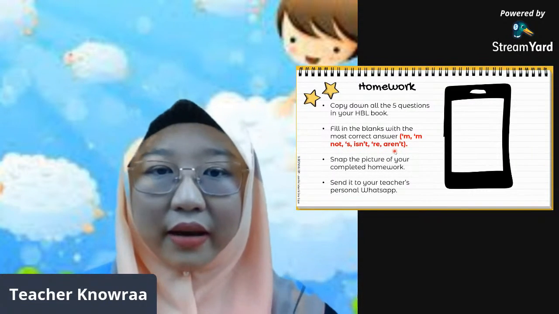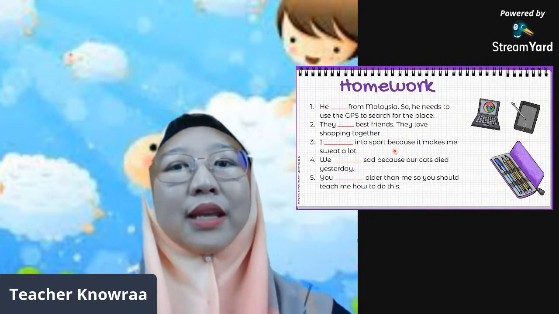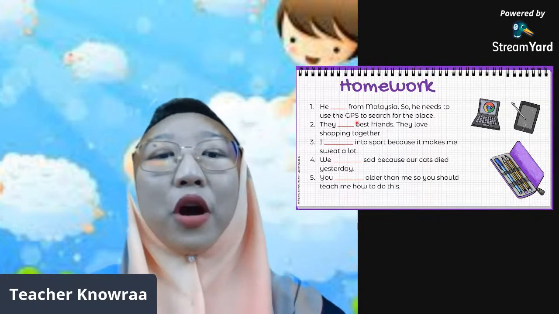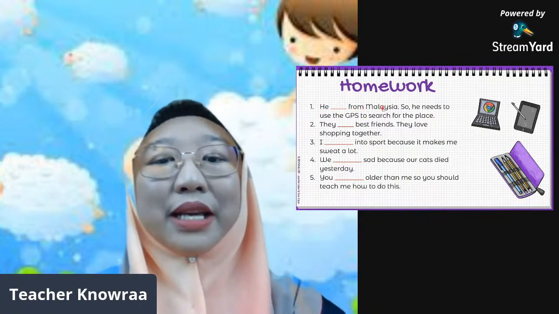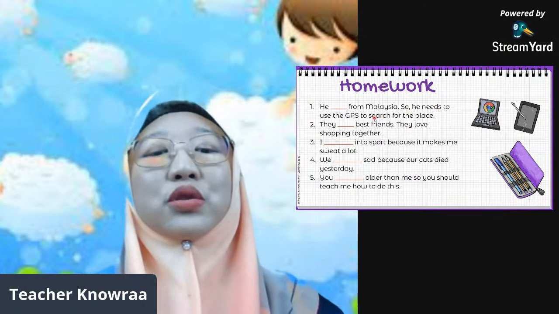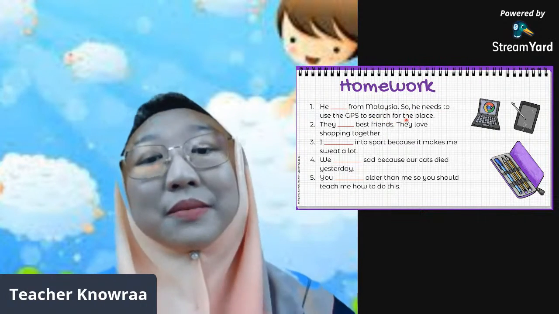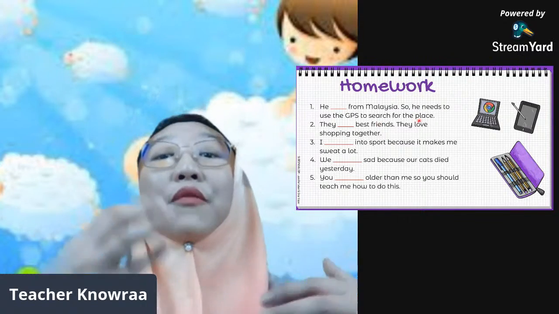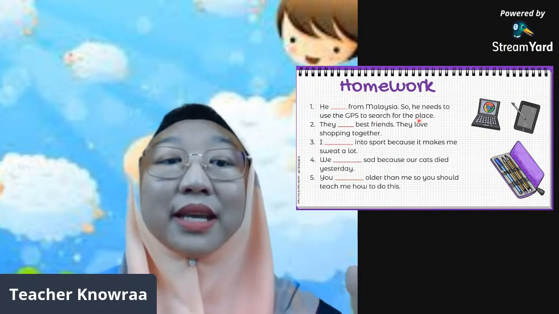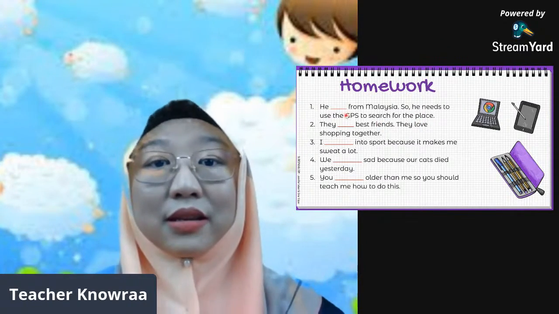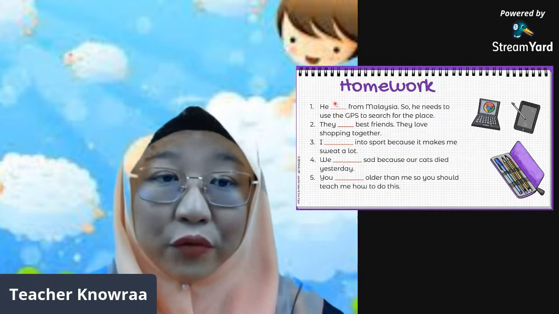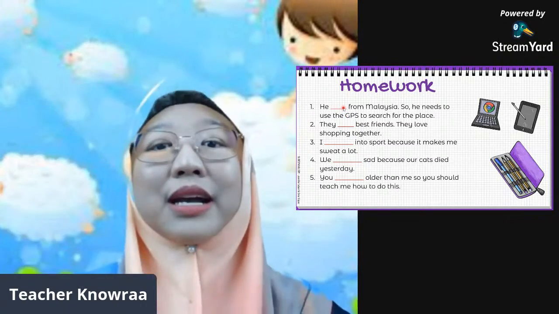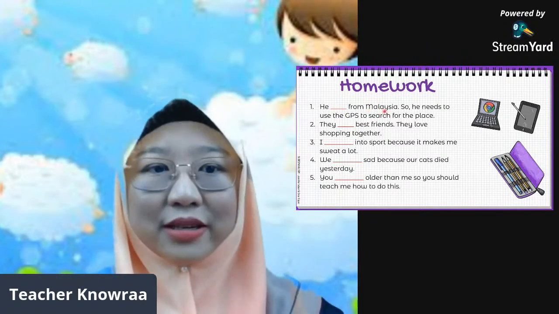Okay, let's look at the questions. For example, he from Malaysia. Dia dari Malaysia. So, he needs to use the GPS to search for the place. Jadi, dia perlu menggunakan GPS untuk cari tempat. If you think this person is from Malaysia, you should put apostrophe S. Kalau awak rasa dia dari Malaysia, dia akan jadi he's from Malaysia.